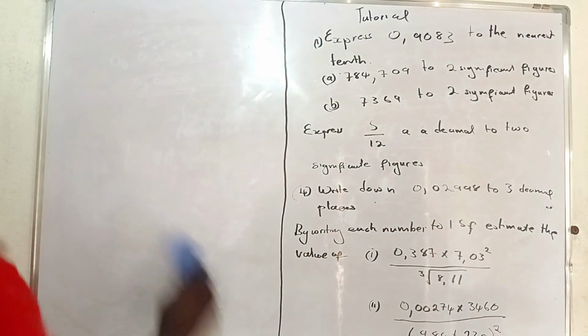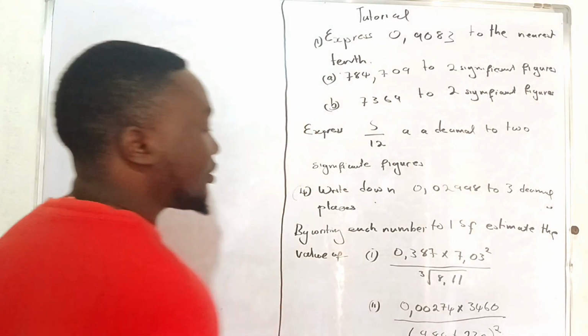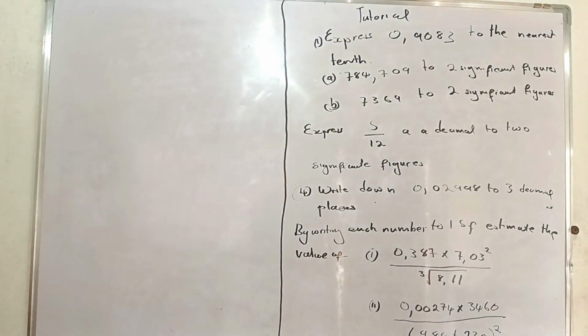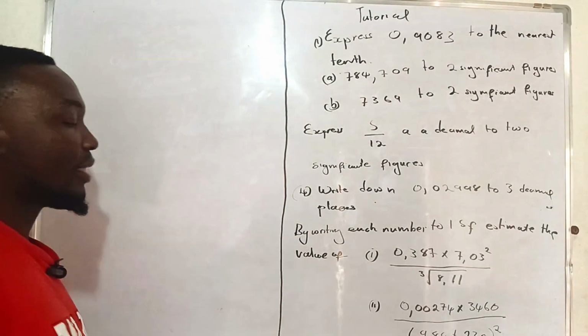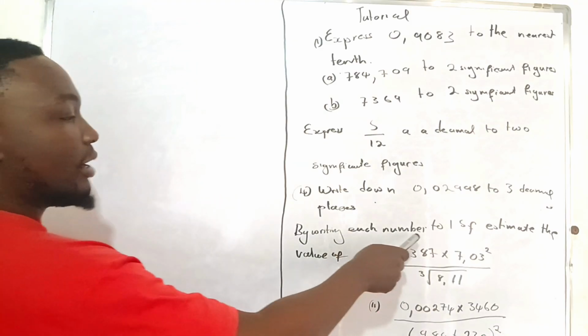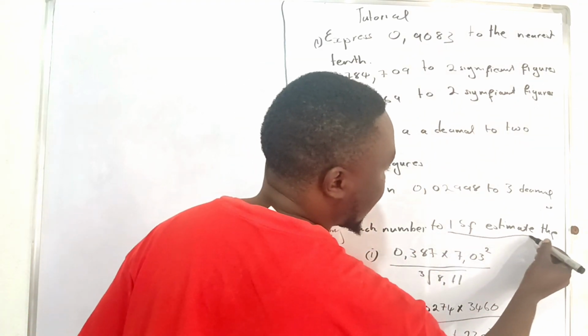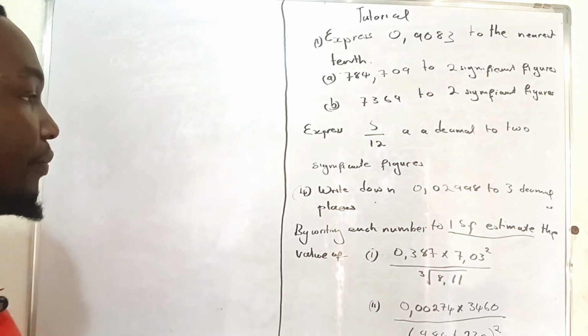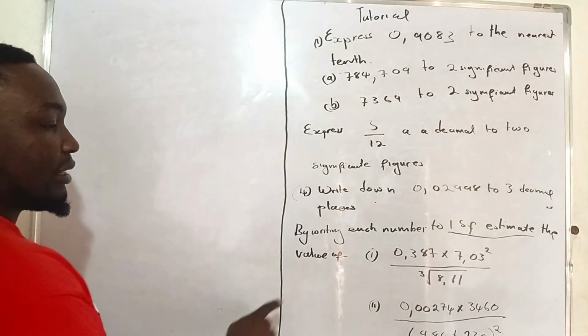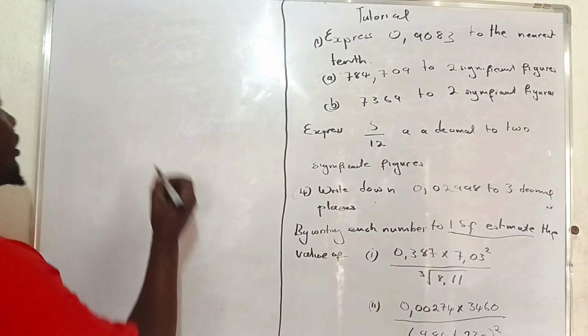Let's move on to the next question. By writing each number to one significant figure, so each number needs to be written to one significant figure, estimate the value of the following expression.